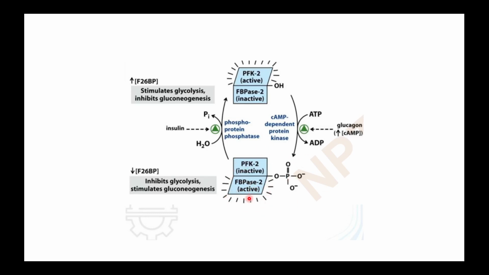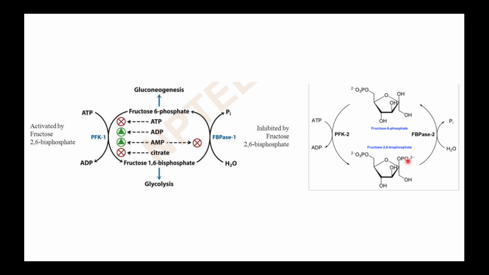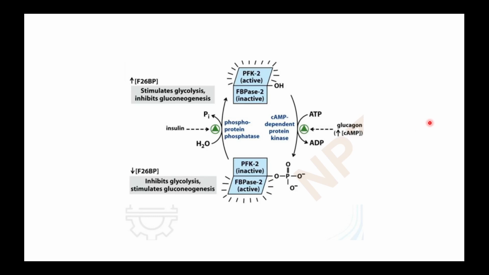Since FBPase2 is active, that means fructose 2,6 bisphosphate will get converted into fructose 6 phosphate, right? This is the FBPase2 reaction. So once FBPase2 is active, the levels of fructose 2,6 bisphosphate will go down. The level of fructose 2,6 bisphosphate going down will basically inhibit glycolysis and stimulate gluconeogenesis.